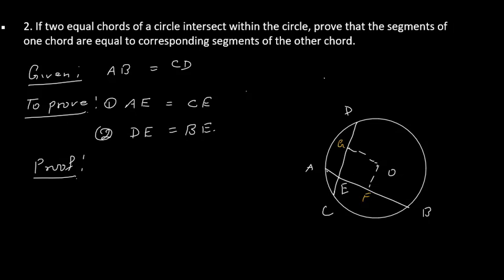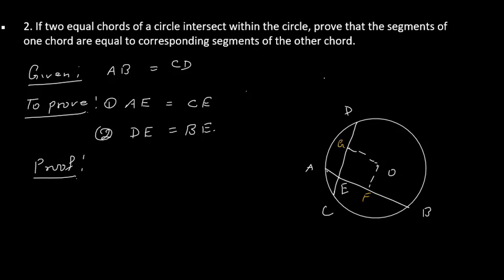So this OF and this OG are going to be equal. We have to prove that CE is equal to AE, right? Now as chords are equal, when we draw a perpendicular, it also bisects the chord. So DG and BF are going to be equal.